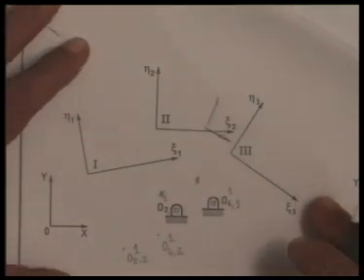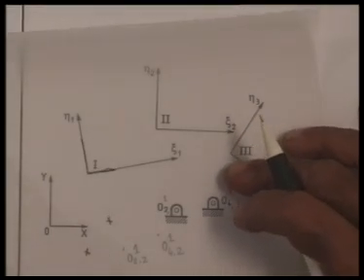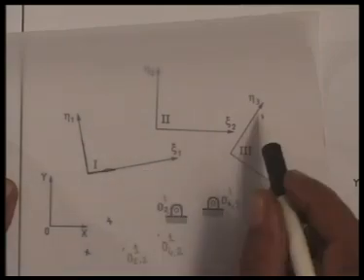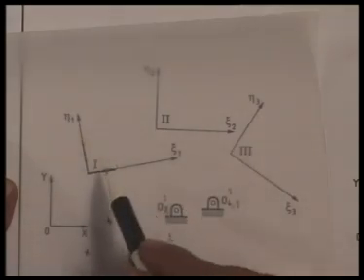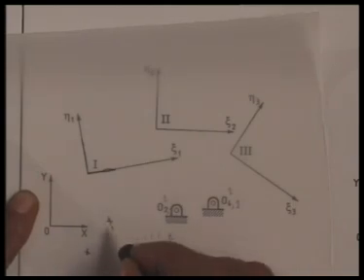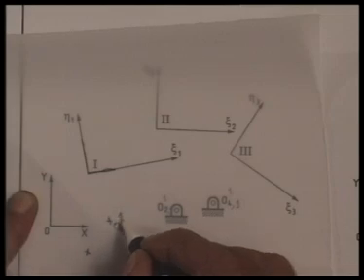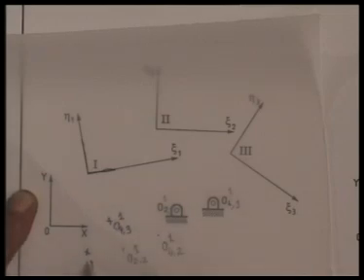If I make a kinematic inversion with the coupler fixed in the first position, that is eta 3, zeta 3, I may coincide with eta 1 and zeta 1 respectively, then O4 moves here and O2 moves here. So this position I called O4, the third position, inverted on the first position. Similarly, this is O2 in the third position, inverted on the first position.